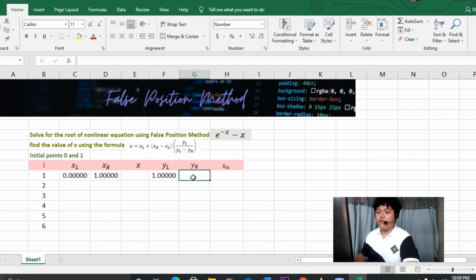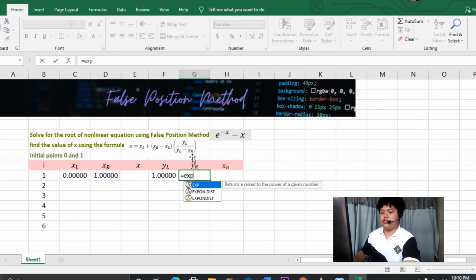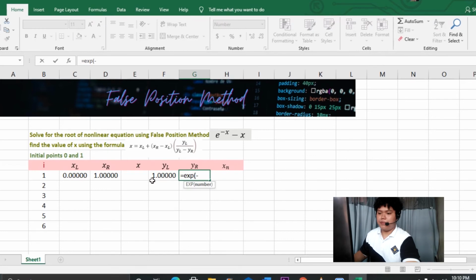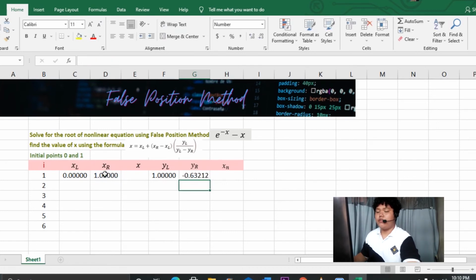Next, to find the function of our right limit, we will have equals EXP negative this cell, which is 1, close parentheses, minus again this cell, which is the value of our x. We will have a value of negative 0.63212. Since we already have the values of our limits and our functions, we can now solve the value of our x using this equation.